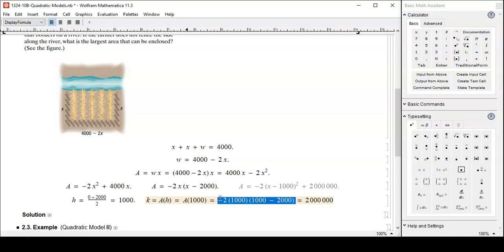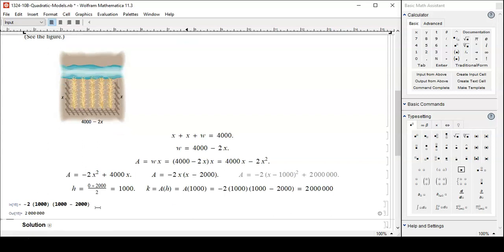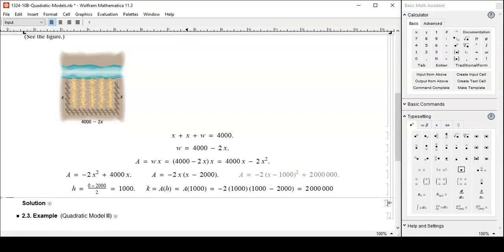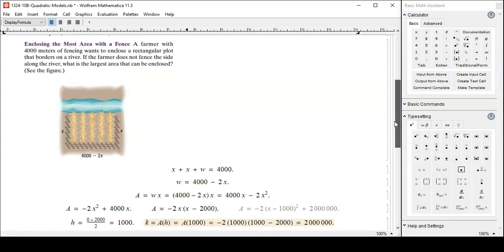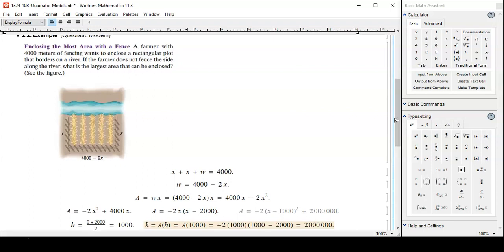Is that true? I can always check with a calculator. Yeah, it's 2 million. So that's the answer. The maximum takes place when x is 1000 meters. And then the area for that is 2 million square meters.